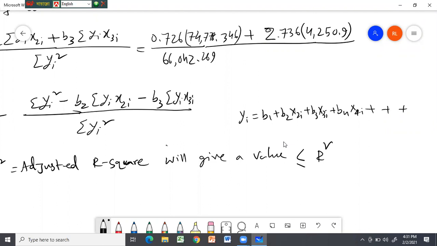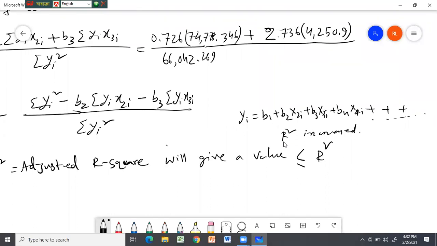I repeat, the adjusted R square value has two properties. The first one is that when you add more explanatory variables to your regression model, only your R square value will increase. It increases to show that your regression model is a good fitted regression line compared to your population regression function.